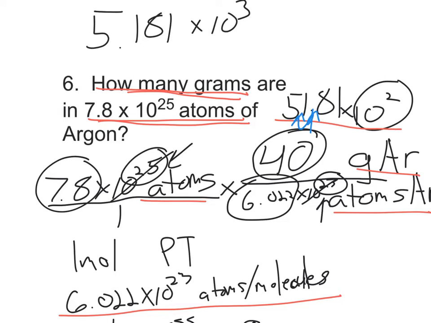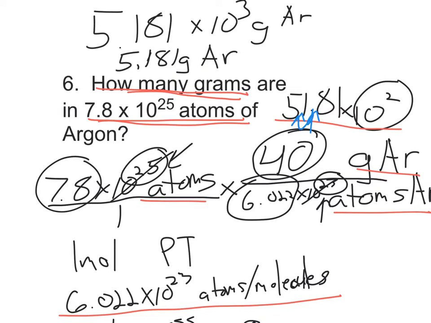And I would say that's grams of argon. But 3 tens is not that hard to multiply out. This is the same as if I did 5.181 times 10 to the third or times 1,000. I would just have 5,181 grams, or a little over 5 kilograms of argon. That's not that hard to write.